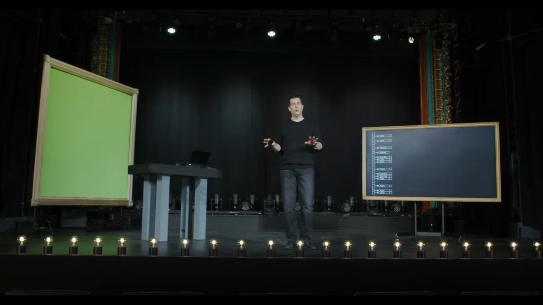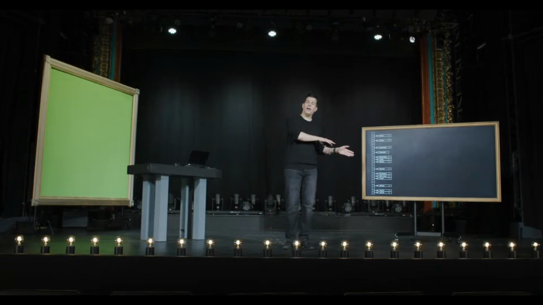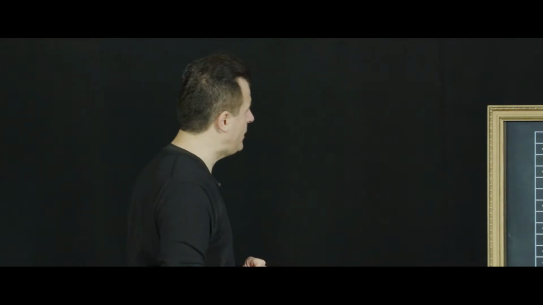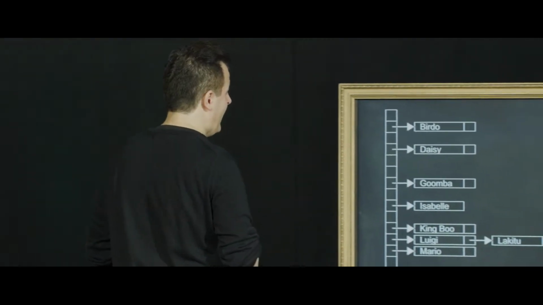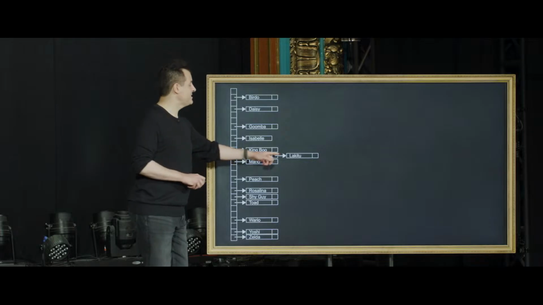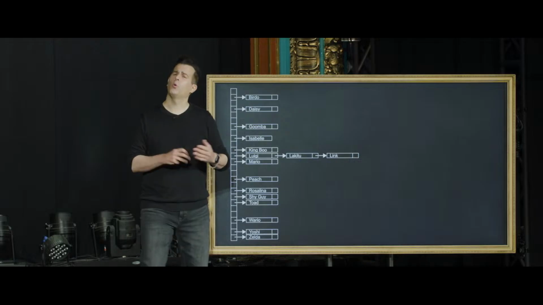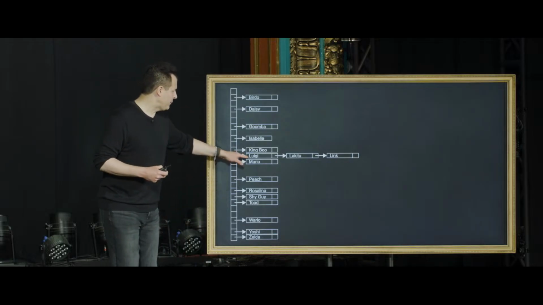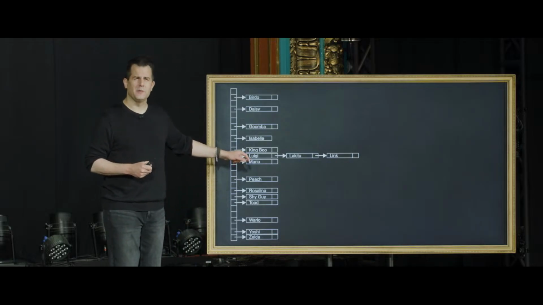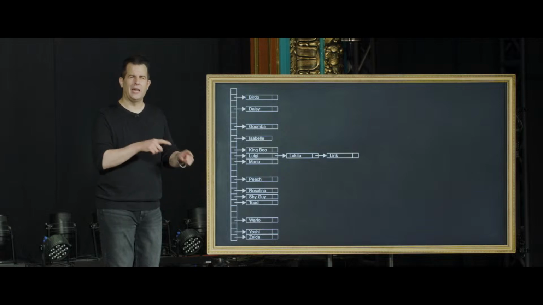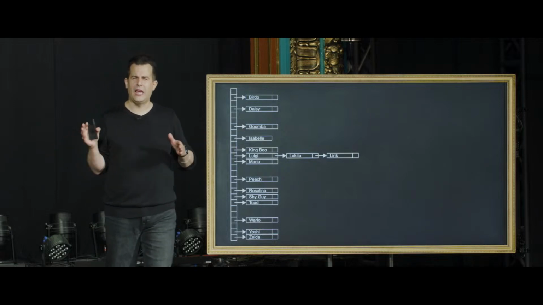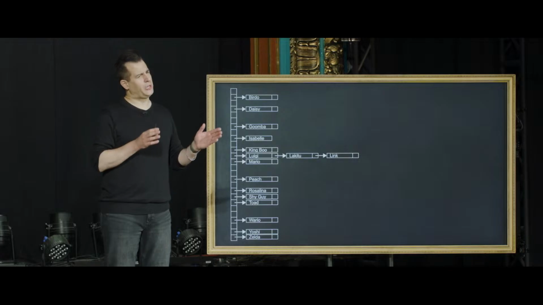A hash table is essentially an array that you use to index into to store values at specific locations. But it's not all a hash table does, because what if I've got more friends than these, and I have to store a second name that starts with L and a third name that starts with L? Well, where does Link go? Well, I don't want to put Link, for instance, where Luigi was, because then I'd have to delete Luigi just to add Link or anyone else whose name starts with L, which doesn't seem particularly compelling.